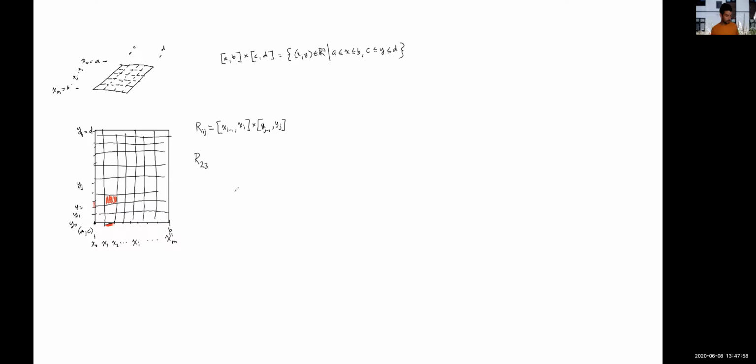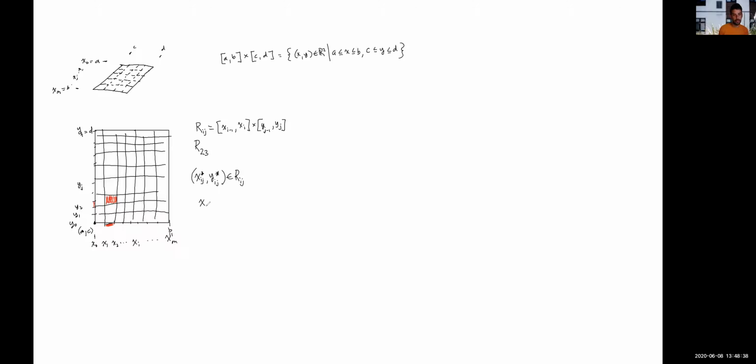So now, imagine, oh, sorry, one more piece of notation. We'll call then the point x sub ij star, y sub ij star any point in the rectangle Rij.